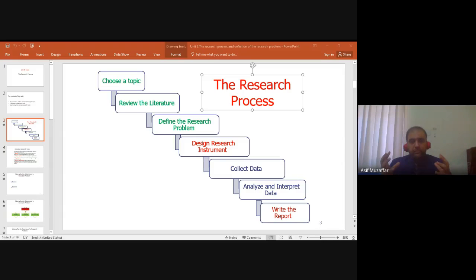What I will do, I will search it on Google. Now you have to find literature to see whether some people have worked on it or not, in order to determine whether you are going to do exploratory research or explanatory research. This is the first thing. You need to know whether the idea in your mind is new or some researchers have already worked on it.